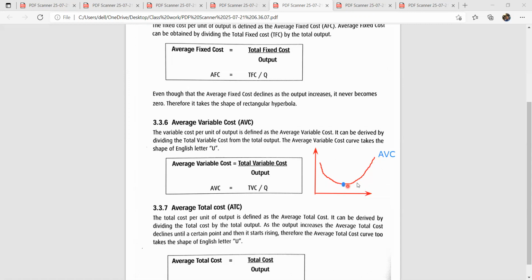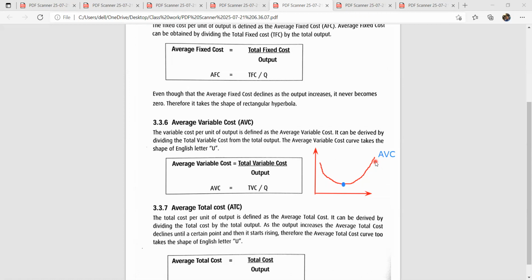Thereafter, average variable cost increased. You see, such a pattern is considered under the average variable cost. Actually, we can name this as U shape.